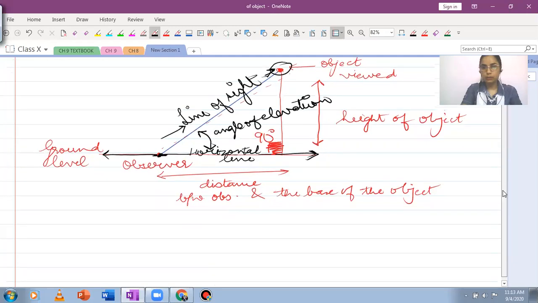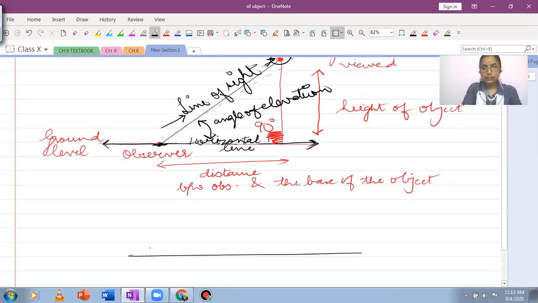So I'll just show you one more picture here so that it becomes clear. Let us say there is this ground level, there is building A, B, and then there is another building C, D. The observer is at point A, and the person is looking at something at point C. So this is the line of sight. They are viewing this object from here.